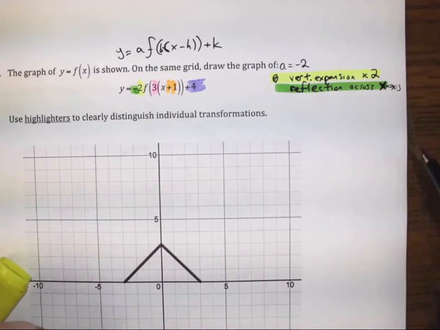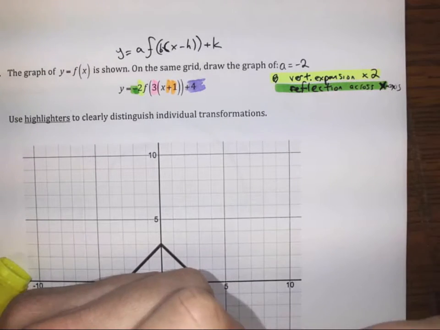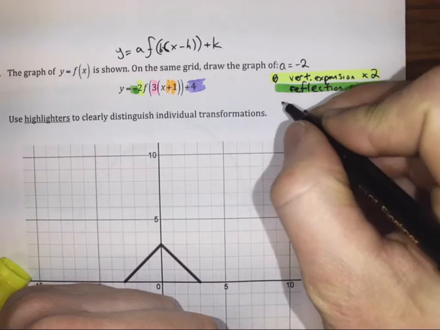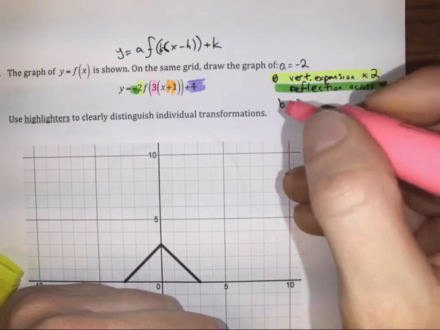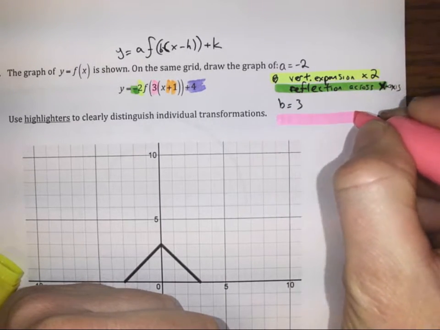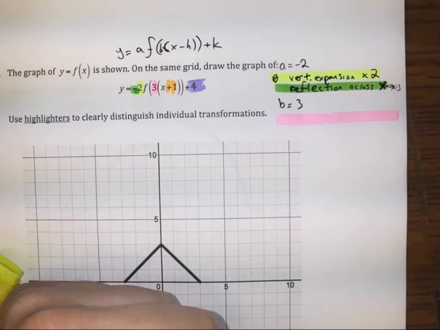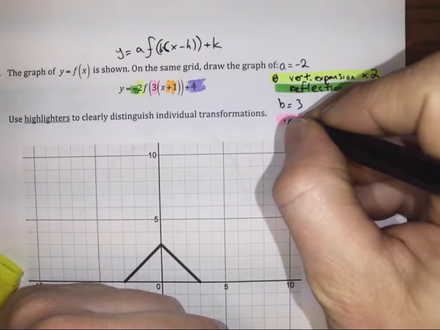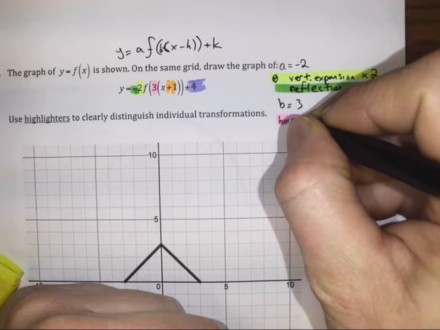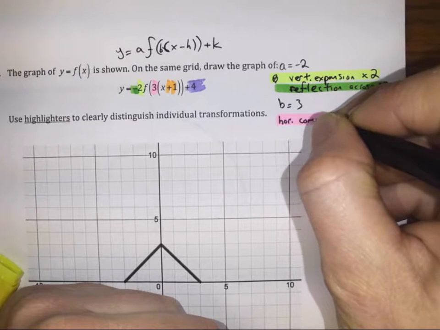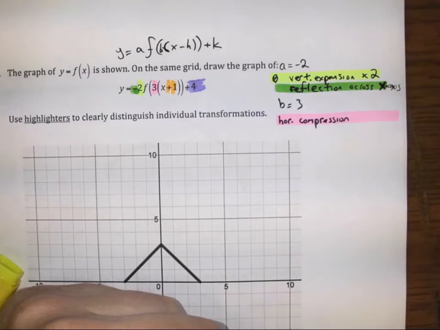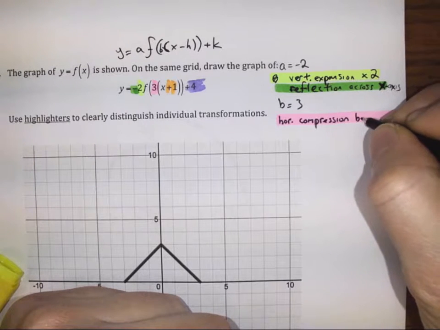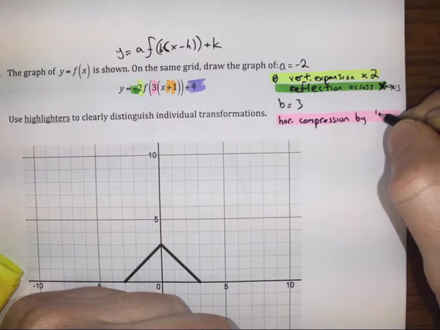Then we'll move on to this b value of 3. So b is 3, and I'm going to code that. Now we've got to remember that b always works in the opposite direction, so it's actually a horizontal compression by 1/3.